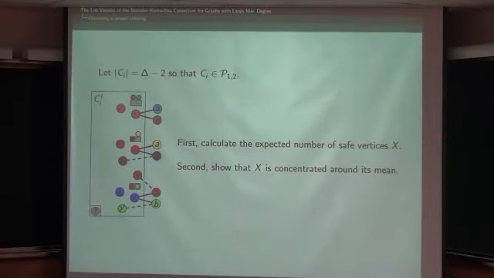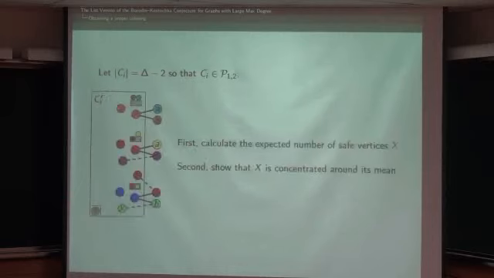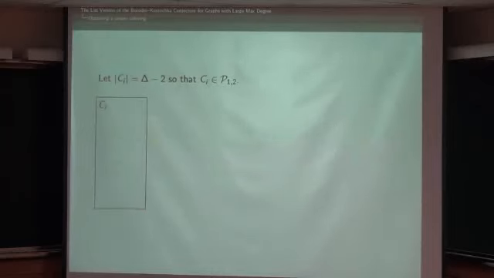So I'll go through this case. Or maybe first I'll calculate the number of safe vertices. In order to calculate the expected number of safe vertices, I first have to calculate the number of these P3s, right? Because these P3s are the good structures that will force us even some slight possibility of having a safe vertex.